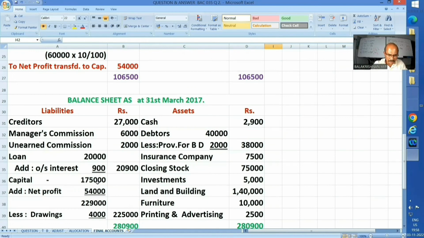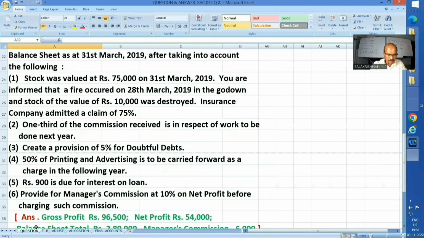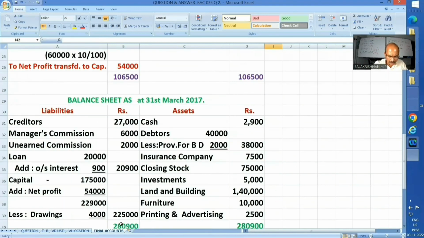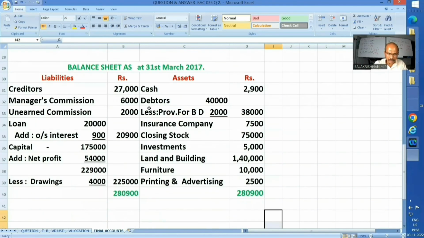Capital given in the trial balance is 1,75,000. I am adding my net profit. I am reducing my drawings. Proprietor's withdrawal is a synonym of drawings only, is it not? So the latest capital, or the capital as on 31st March 2017, is 2,25,000.